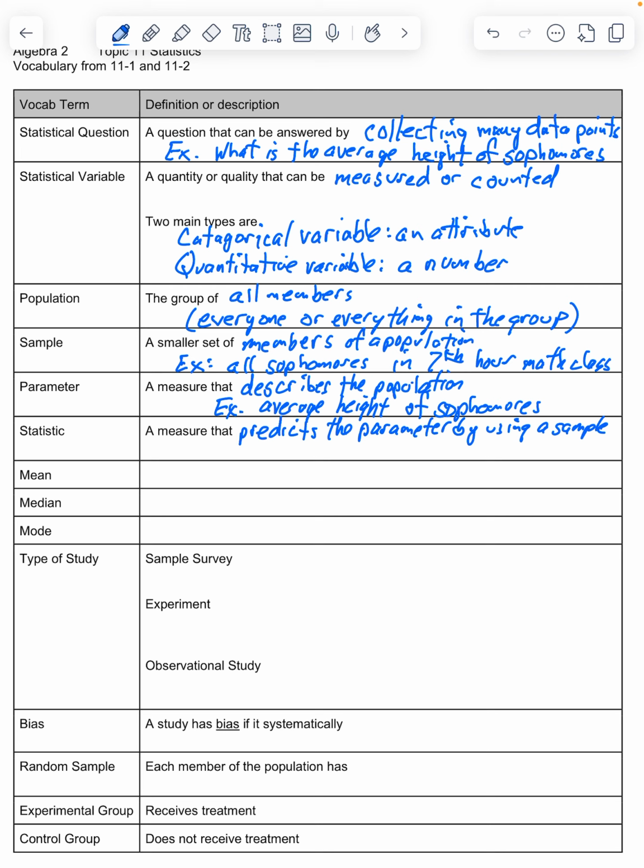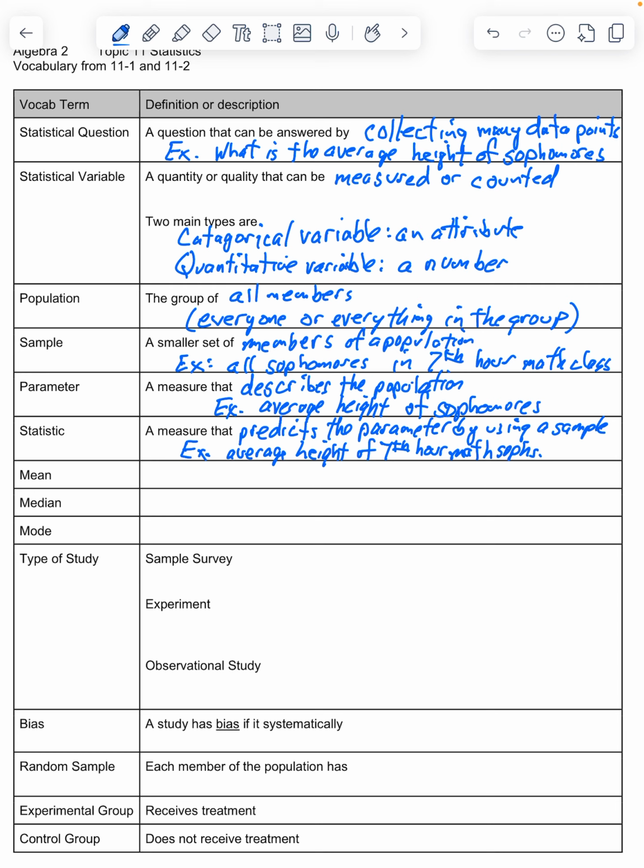Not every sophomore is in a math class 7th hour, but we go to the math classes in 7th hour and we find the height of all of those sophomores, and we use that to predict what the height is for all of the sophomores. So an example would be average height of 7th hour math sophomores, and we'd use that to predict what the average height is of all the sophomores.